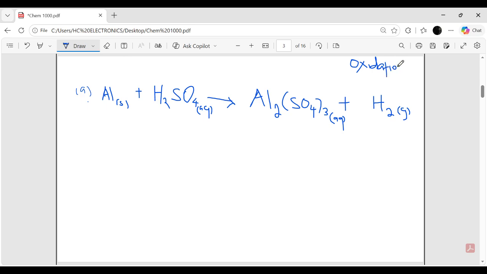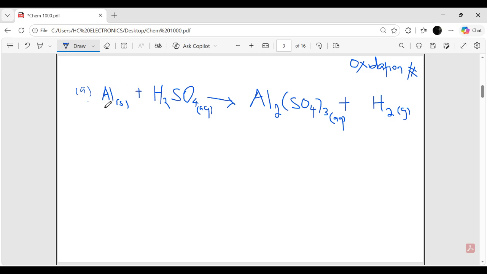When you're dealing with the oxidation number method, the first thing you do is assign the oxidation state of each element in this equation.